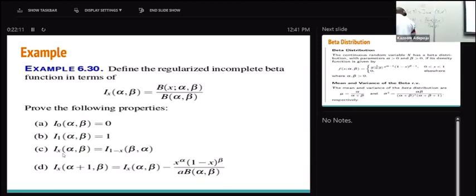If this guy, B_x(alpha, beta), is the integral from 0 to x of t raised to power alpha minus 1, (1 minus t) raised to power beta minus 1 dt, then the other one, that is this guy, B_(1 minus x)(beta, alpha), means I'm going to have, where I got a t now, beta minus 1, and (1 minus t) raised to power alpha minus 1 dt.